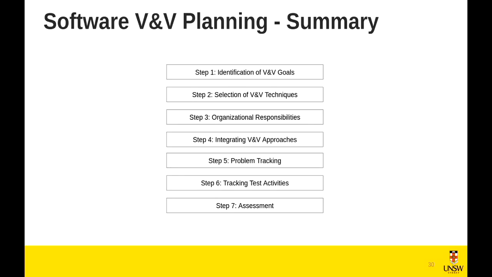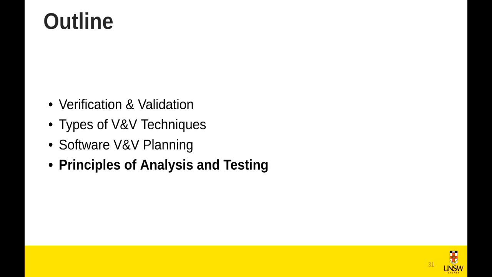And we have organizational responsibilities, integrating approaches, and problem tracking. We know that testing is good at providing evidence for problems. And we also have tracking test activities and assessment. Okay, that's all about the third topic today.